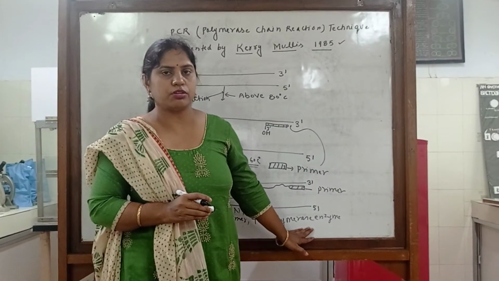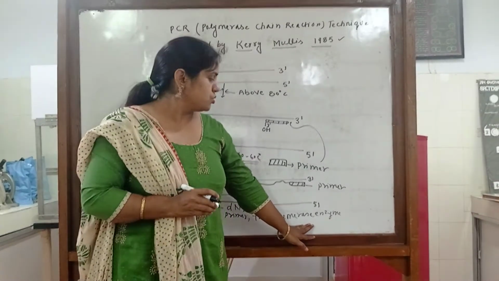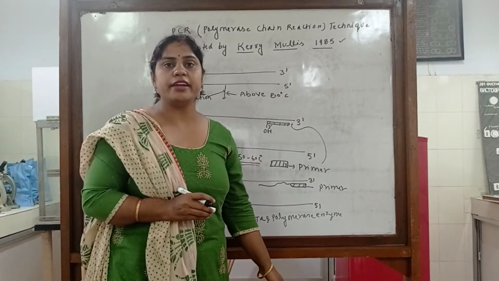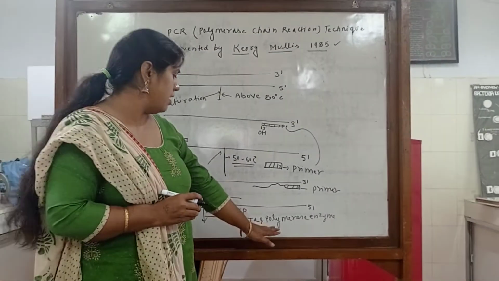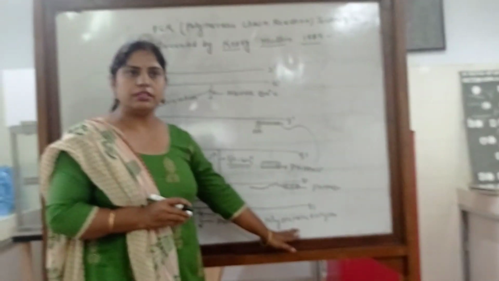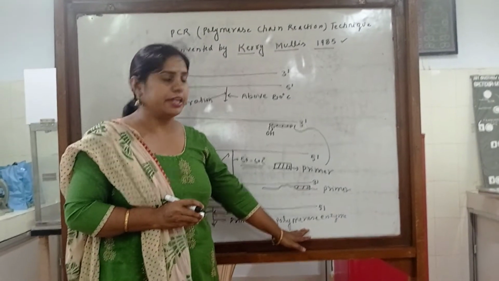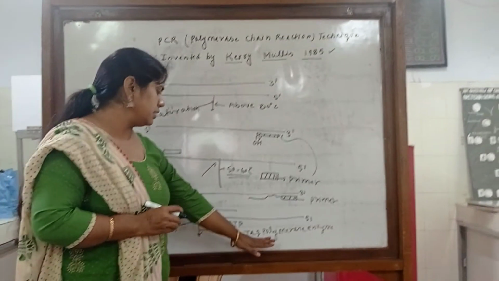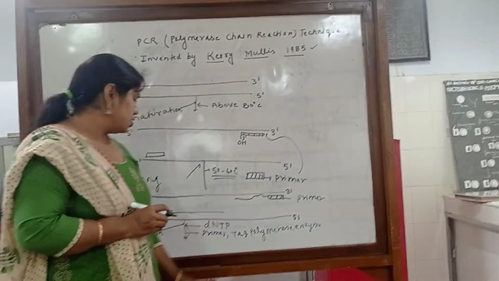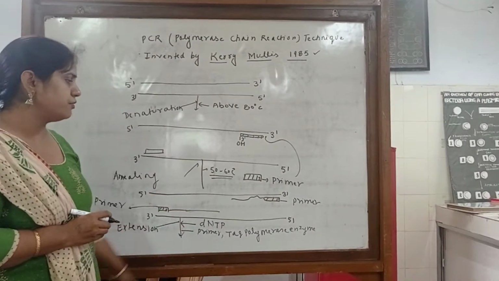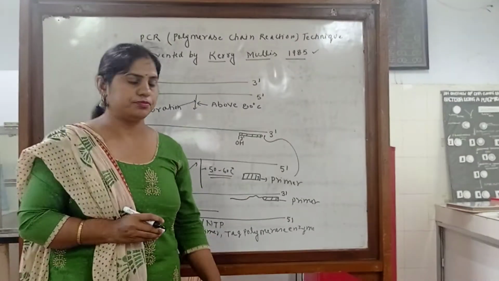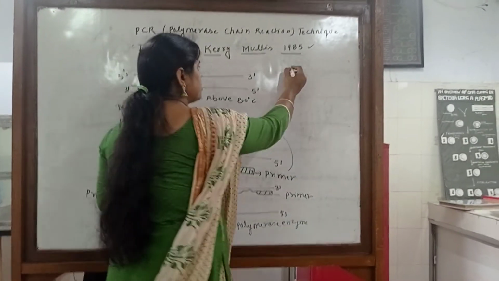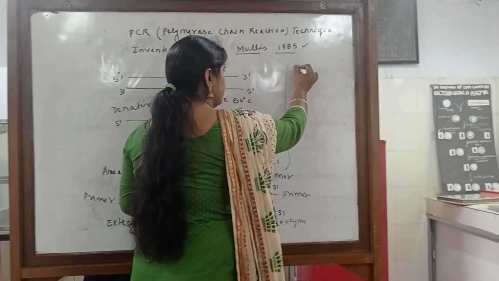We already discussed Thermus aquaticus. Generally enzymes are degraded at high temperature, but it has a unique feature. It doesn't denature at high temperatures up to 95 degrees centigrade. That's why Taq polymerase is used in the PCR reaction for the amplification of the product.